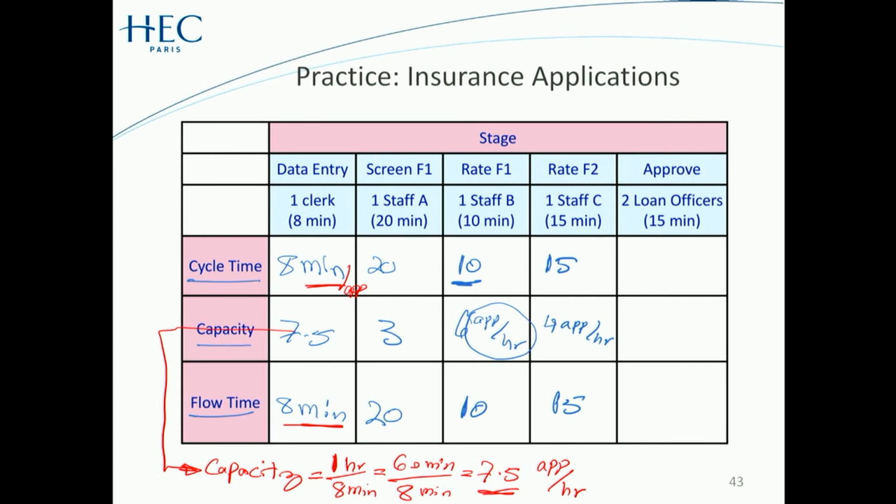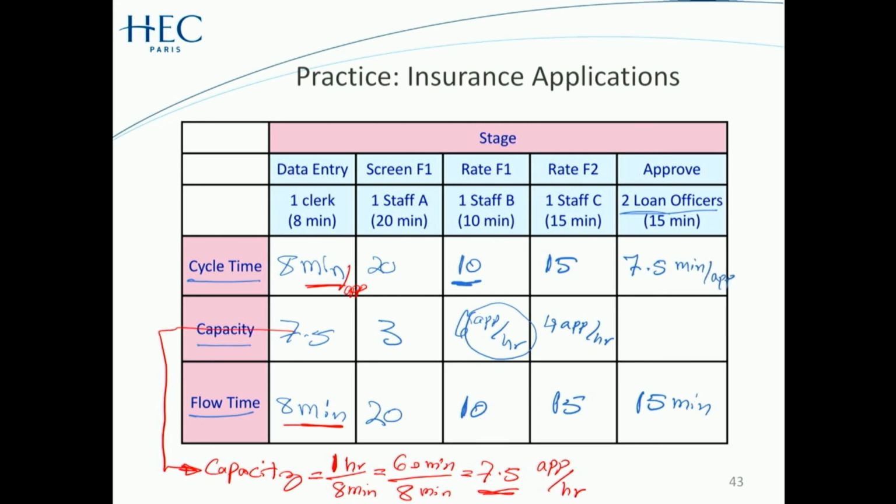Now, for the approval, it's not exactly the same, because here we have 2 loan officers, and that's the key. Each application is going to spend exactly 15 minutes in that process. However, because we have 2 loan officers, we are going to see every 15 minutes 2 applications coming out of the process, and that gives us an average of 7.5 minutes per application.